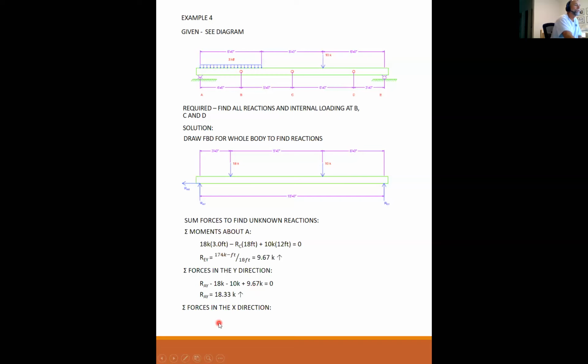So I sum the forces in the X direction, and my reaction at A in the X direction is equal to 0. It may seem trivial, but this is a pretty exact class and a rigorous class. Don't forget, if I ask for all reactions, to give me the one that's in the X direction as well, even if there are no loads in the X direction.